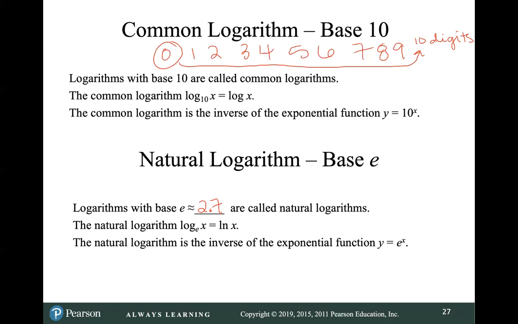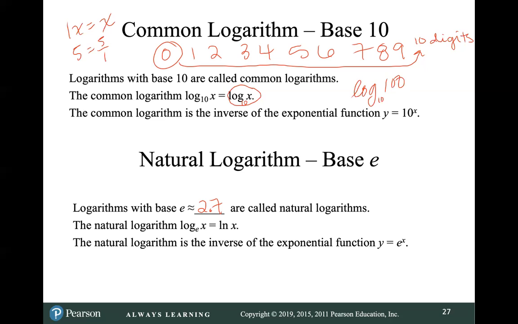Okay, so when we have a base 10, the 10 turns invisible. Just like if I have 1x, I just write it as an x. There's an invisible 1 there. Or if I have 5, that's the same as 5 over 1, an invisible 1. Well, if I have just log of x, there's an invisible 10. So if I have log of 100, there's an invisible 10.